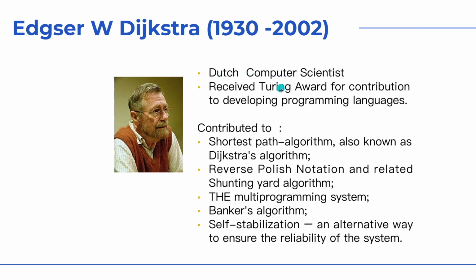He was the recipient of the well-known Turing Award for his contribution to developing programming languages, and he is the contributor of this particular shortest path algorithm used in graph theory, and hence this algorithm got his name. Not only that, he came up with many other contributions like reverse Polish notation, the multi-programming system, and the Banker's algorithm that you learn in OS. All of them are his contributions.